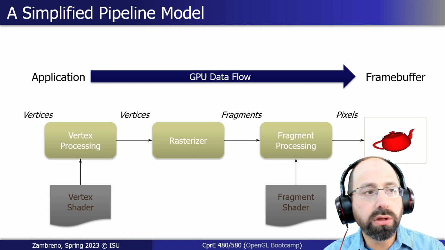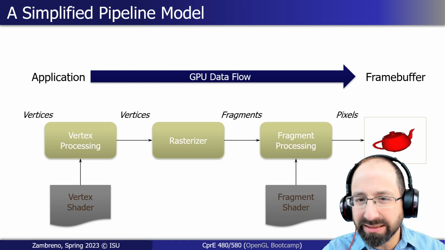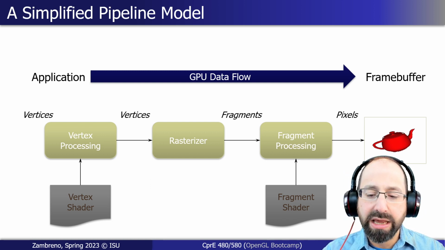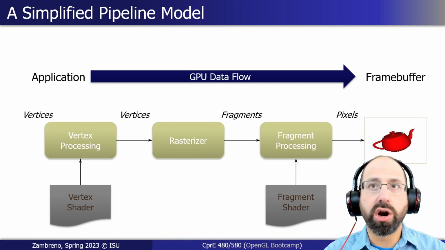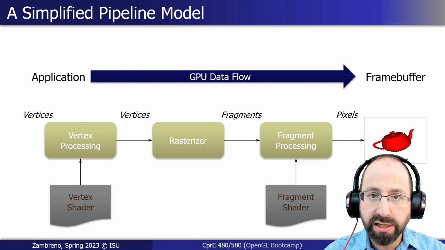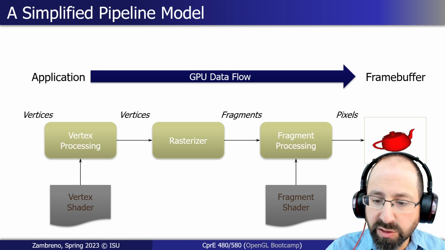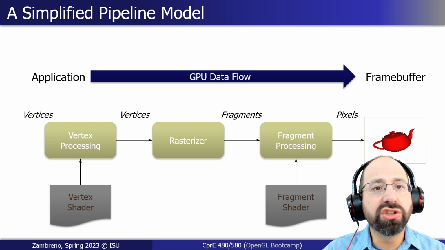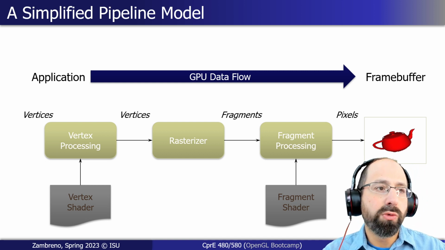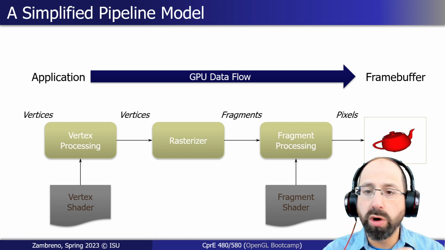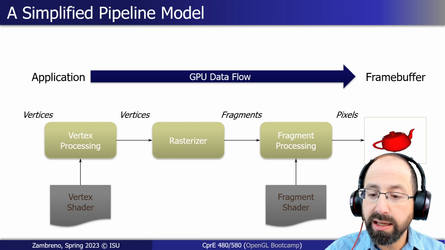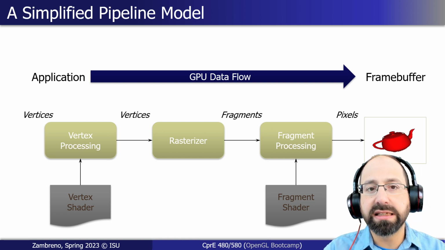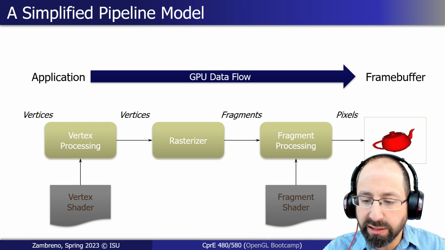We also, although I try to hide some of these details in the API that we're using, the little middleware library, we also have to specify and load our vertex and fragment shaders. And of course, if we're using any other shaders, we have to specify them as well. We then have to have a step that just issues the geometry that says, okay, we've allocated memory, we've determined what our vertices are supposed to be. Now issue that subset or entire set of vertices and tell the GPU effectively to get going.